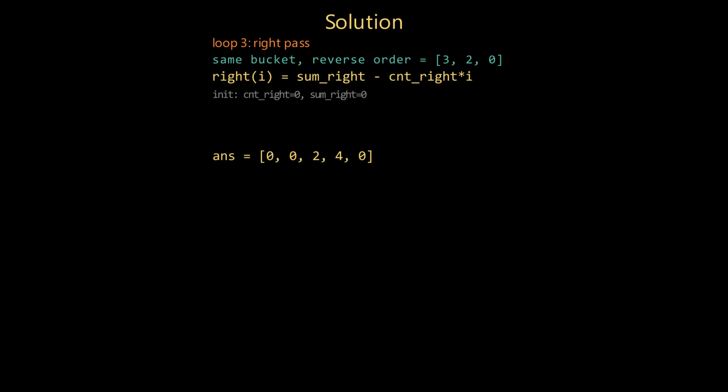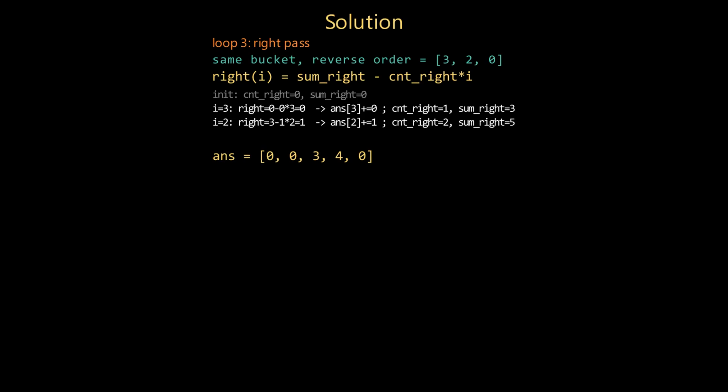Initialize right pass counters. Count right is 0, sum right is 0. Step i equals 3. Right is 0 minus 0 times 3, so answer at index 3 stays 4. Step i equals 2. Right is 3 minus 1 times 2, so add 1 and answer at index 2 becomes 3.